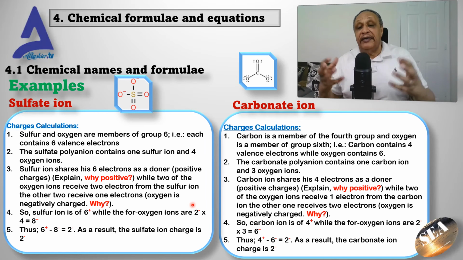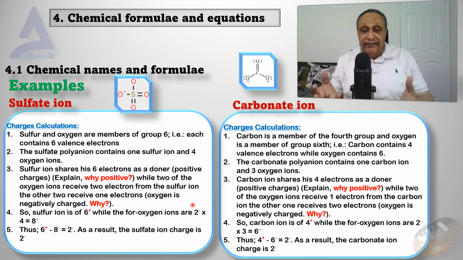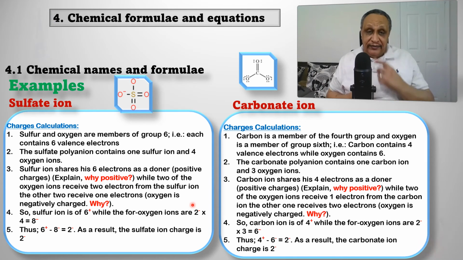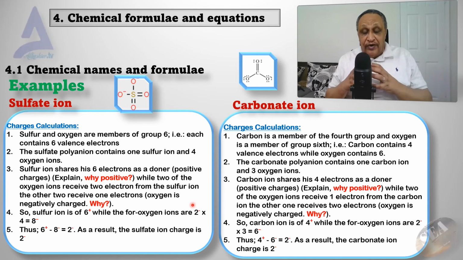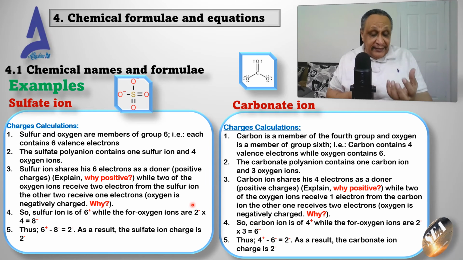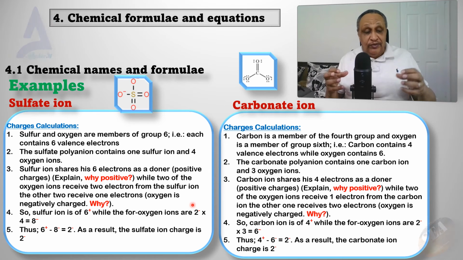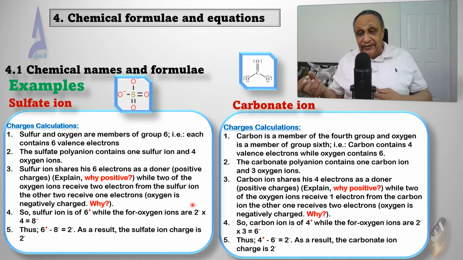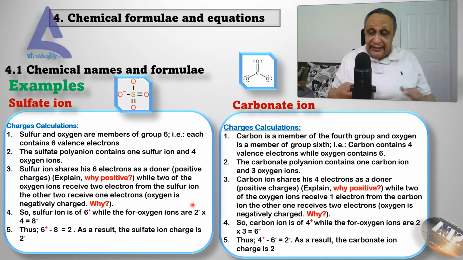So it is more liable to take electrons rather than to leave them, because it has a smaller number of orbits, and because it has this smaller number of orbits, the electrostatic force between the nucleus of the oxygen and the last orbit is stronger than the one between the sulfur nucleus and its last orbit.